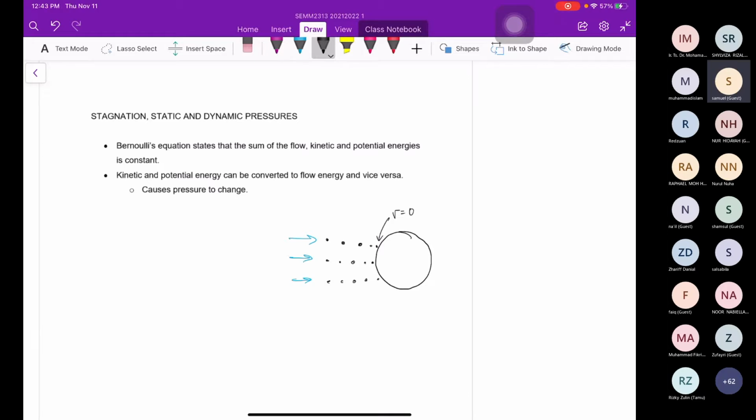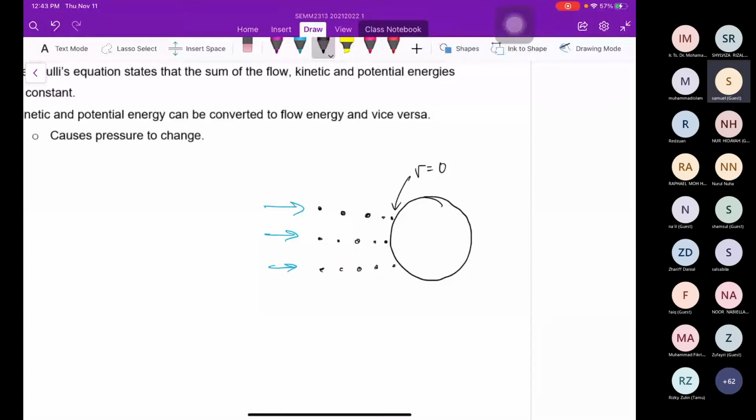Okay, you can see when it reaches the obstacle, it will accumulate, and hit together with the impact of many of the particles. So you can see this particle hitting, so it becomes high in pressure.